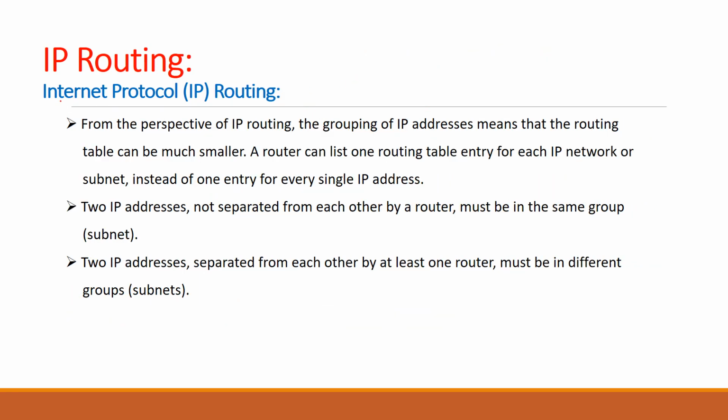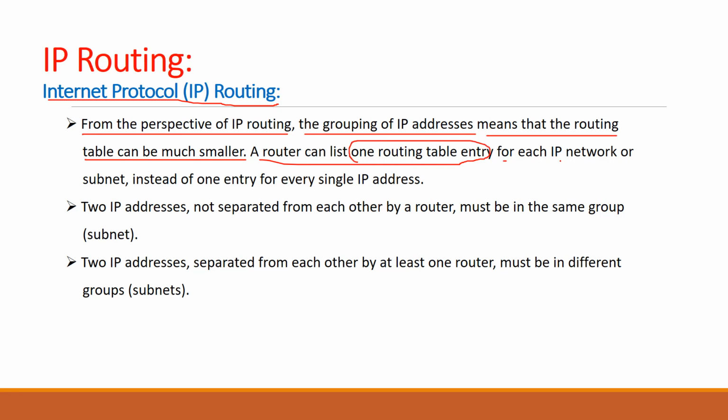What is IP routing, or Internet Protocol routing? From the perspective of IP routing, the grouping of IP addresses means that the routing table can be much smaller. Why? Because a router can list one routing table entry for each IP network or subnet instead of one entry for every single IP address.